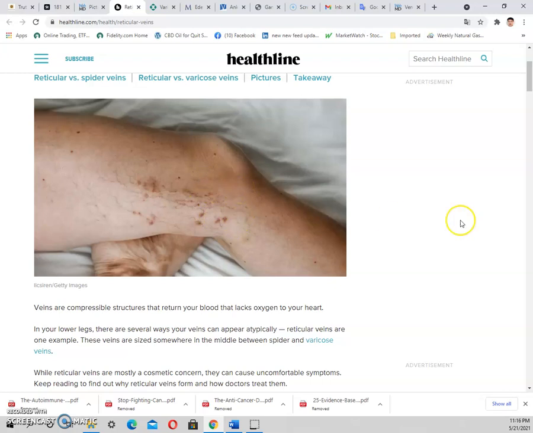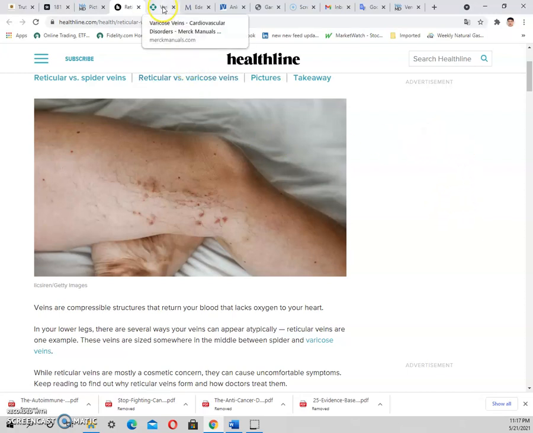Again, in these two stages, if you know the cause and also take active action to prevent this from happening, you have a chance to reverse this. The spider veins and reticular veins can disappear, and you are going to have a normal leg.